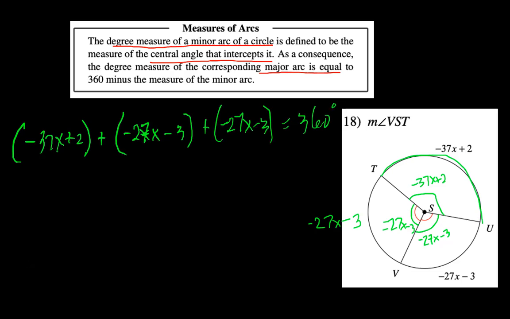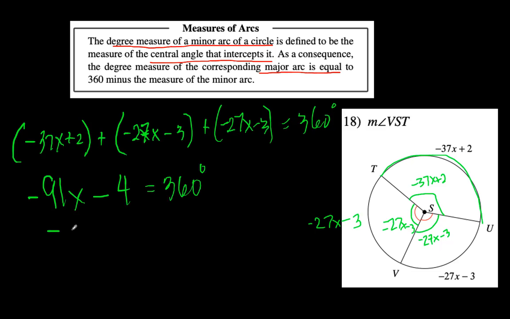Okay, so we can combine all of this. Negative 37x plus negative 27x plus negative 27x, that's negative 91x. And we have negative 6 plus 2, that's negative 4, is equal to 360 degrees.